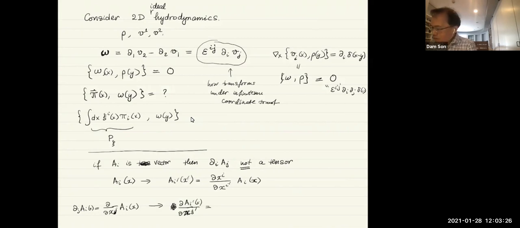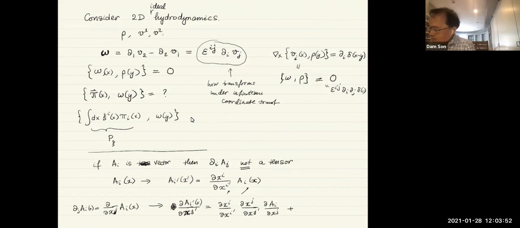The derivative over x' can act here or here. There are two different terms. One term, when it acts on A using the chain rule, I can rewrite as the derivative of x_j over x_j' times d_j A_i.